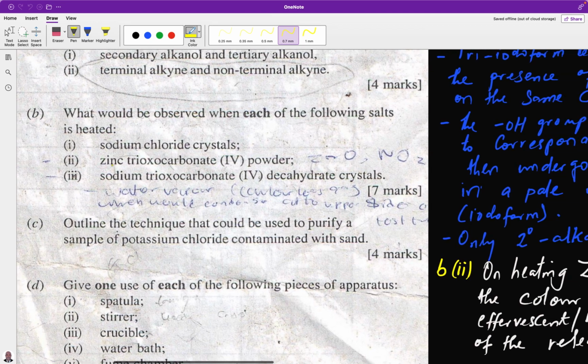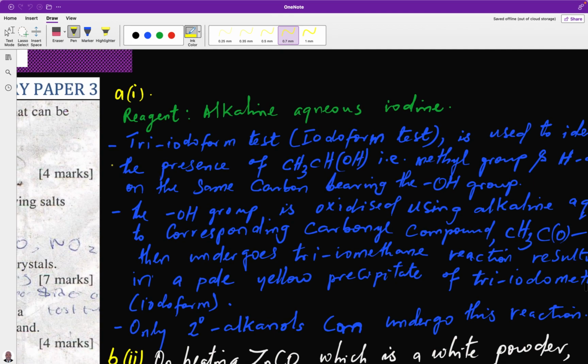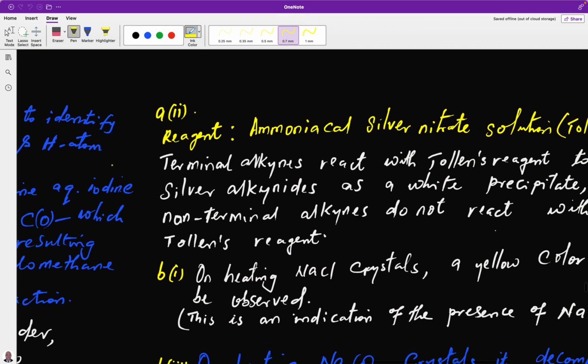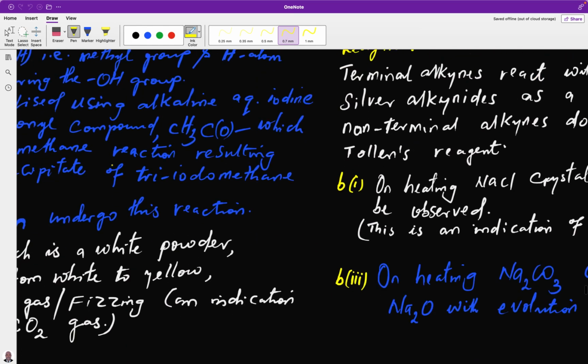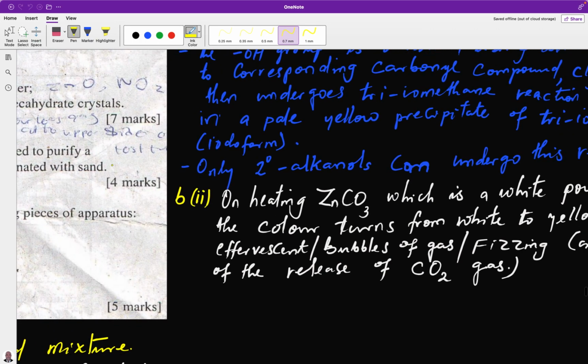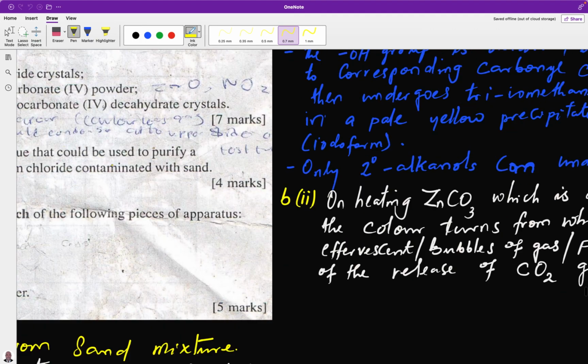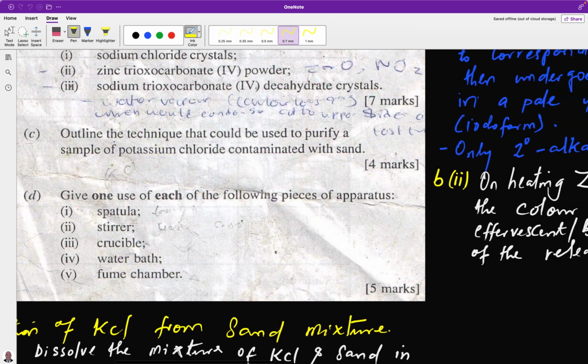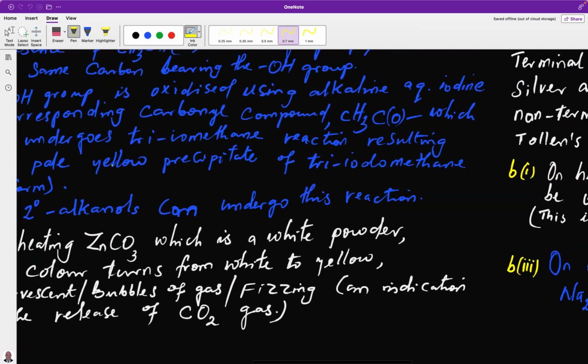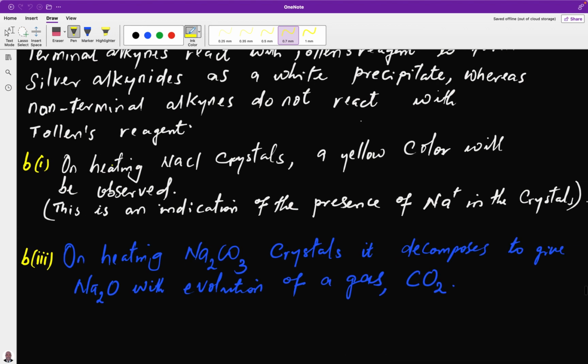Let's go to B1. On heating sodium chloride crystals, a yellow color will be observed. That's all. Your observation is yellow color is observed.